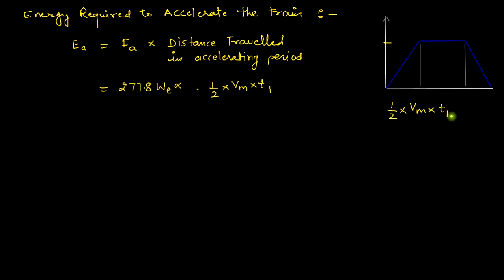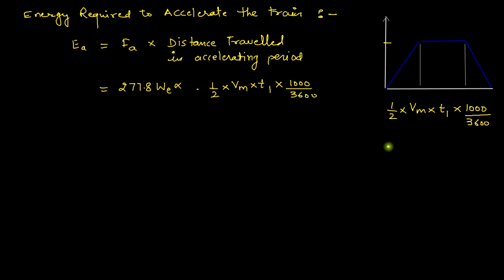The thing to be noticed here is that in a speed time curve, T is mentioned in seconds and Vm is mentioned in kilometer per hour. So to multiply them, we need to convert them into the same units. That is, I need to convert them into meter per second. So I will multiply it with 1000 and divide it with 3600 to convert this into meter per second.